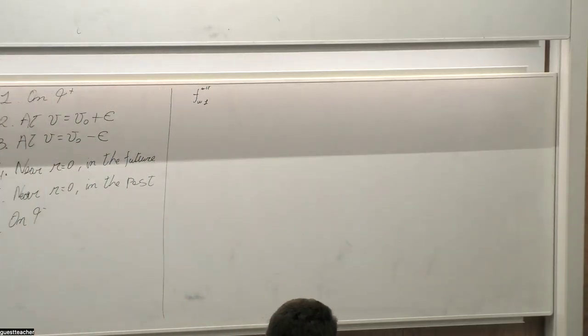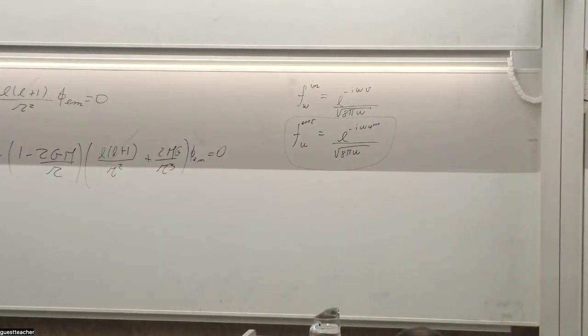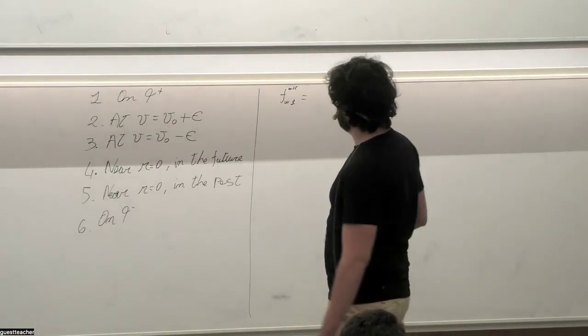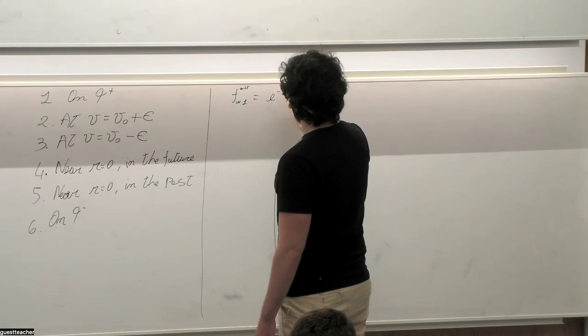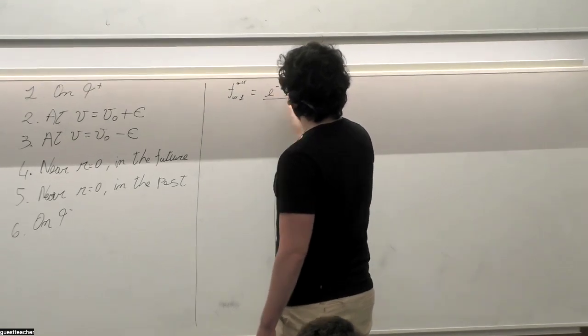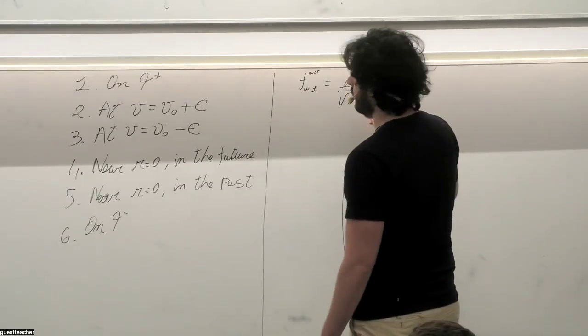This is how an observer on scri plus will split the positive and negative frequency energy modes. So this is equal to the one that I have written there: e to the minus i omega u out, divided by the normalization factor, square root of 8 pi omega.